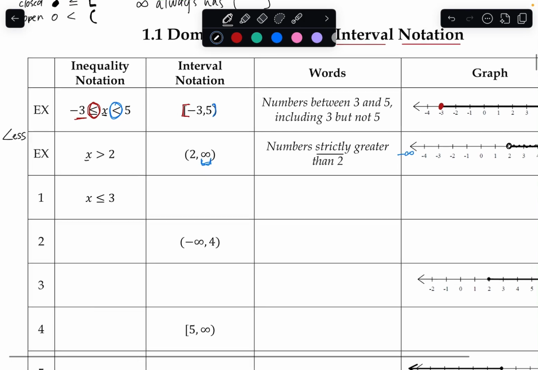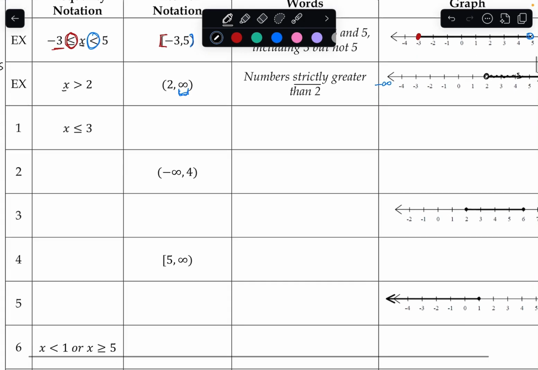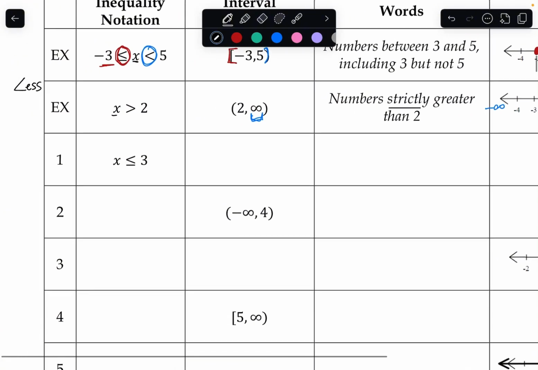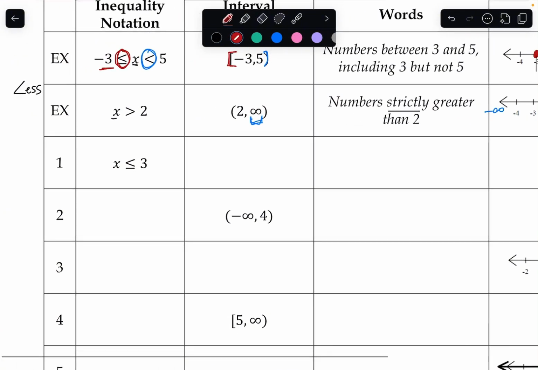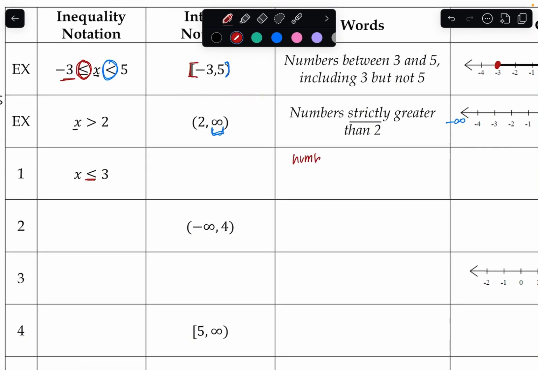We're going to write each of these examples in interval notation, words, and we're going to use the graph. And so here we have x is less than or equal to, we have the equality symbol. And so numbers less than makes the L, or equal to 3.